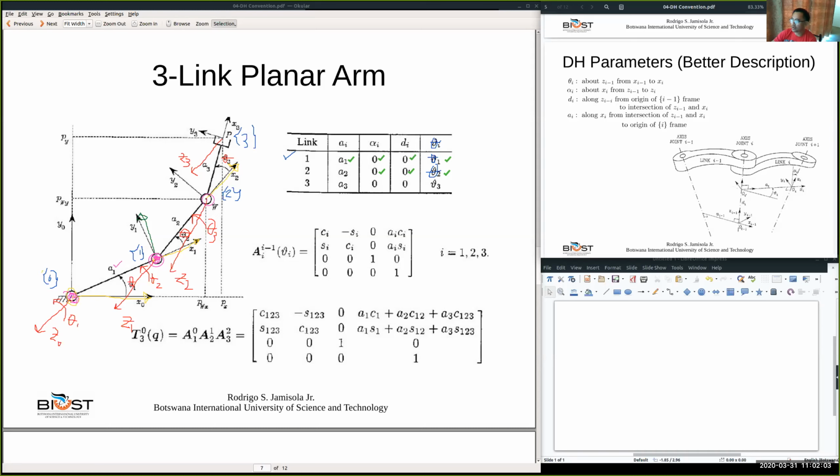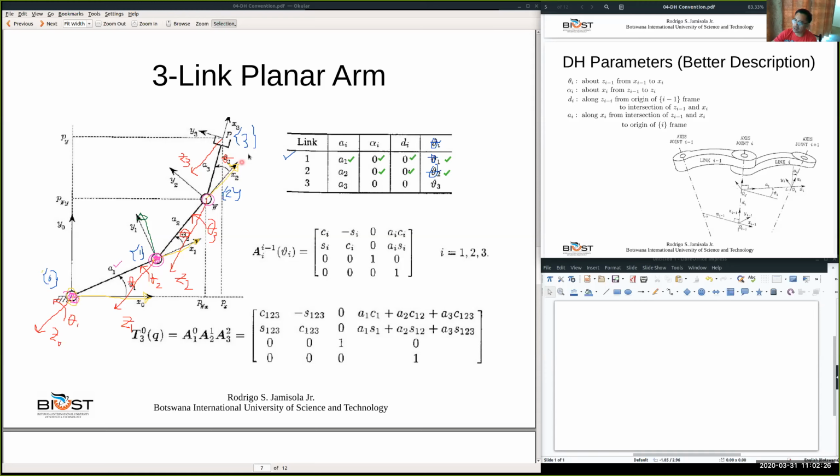Okay? So again, along X2, for A2 along X2, from intersection of Z1 and X2, this is that intersection, to origin of frame 2. From here to there, along X2.